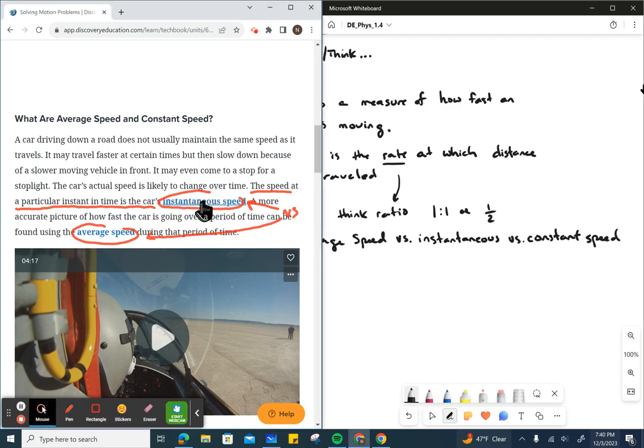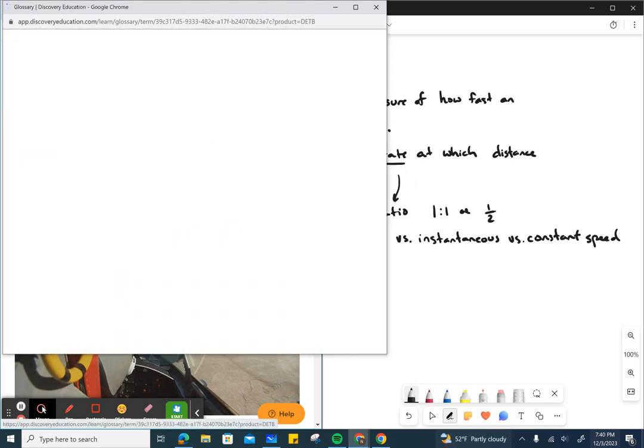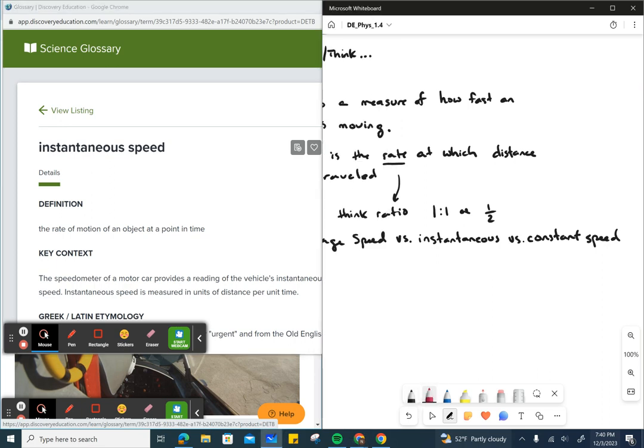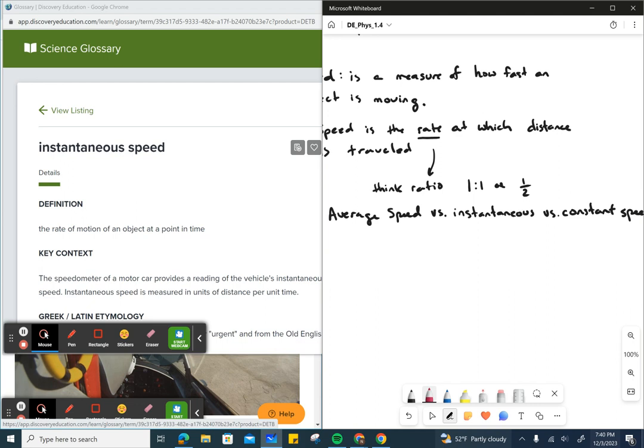So let's go back over here and let's just get some working definitions here, okay? The rate of motion of an object at a point in time. That's instant speed. So we're going to say instantaneous is the rate of motion of an object at a point in time.